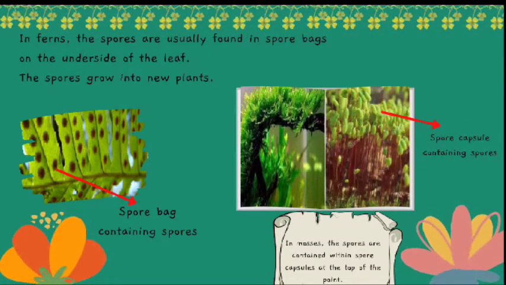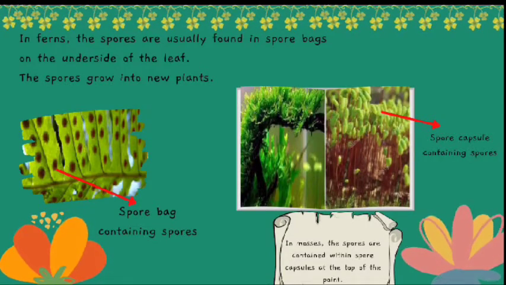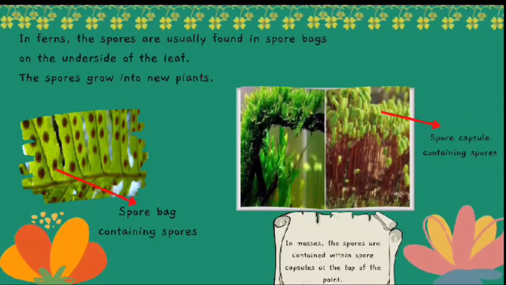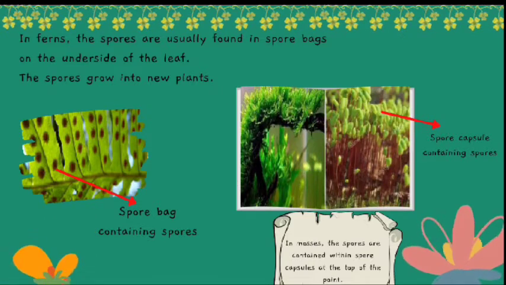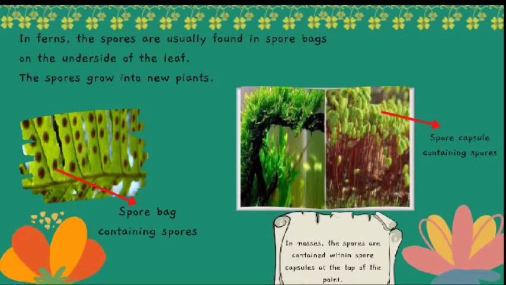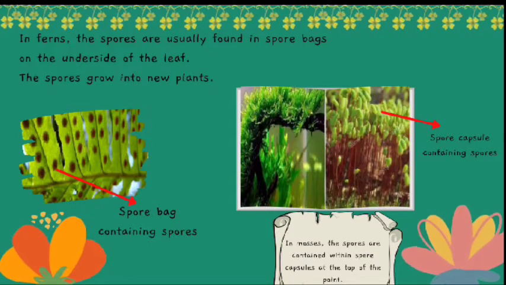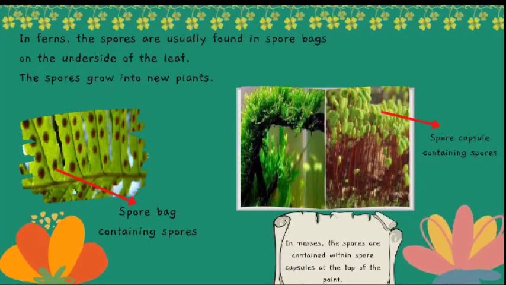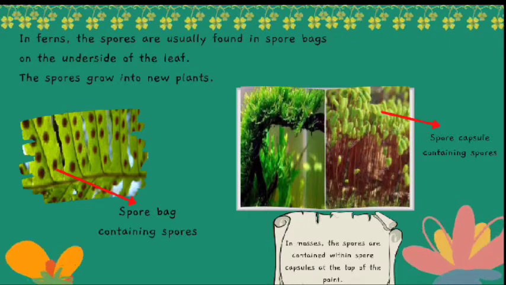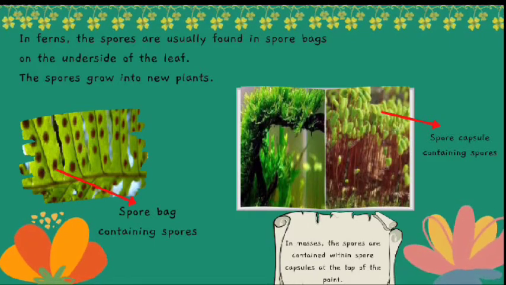The spores grow into new plants. Look at the picture. There is a spore bag containing spores. And there is a spore capsule containing spores. In mosses, the spores are contained within spore capsules at the top of the plant.